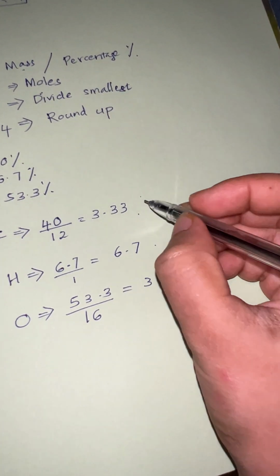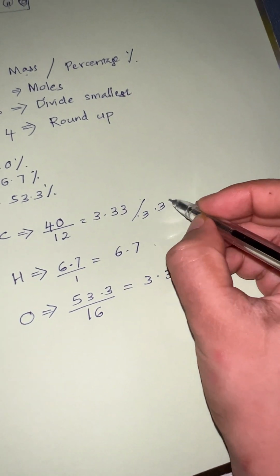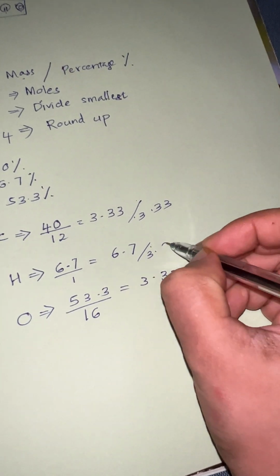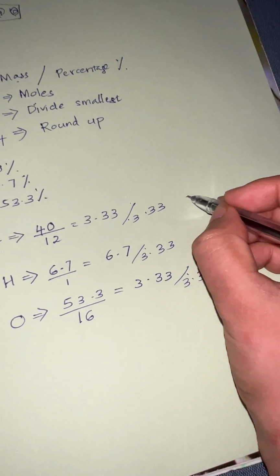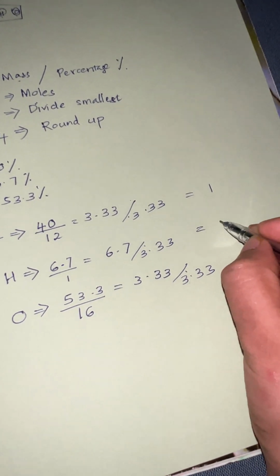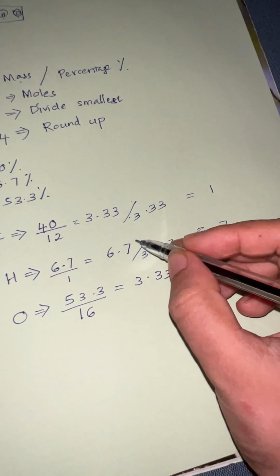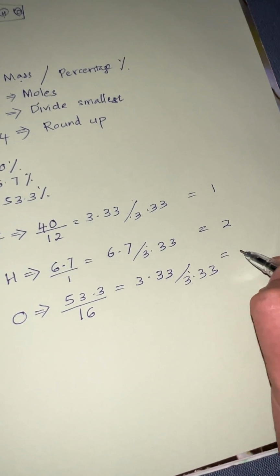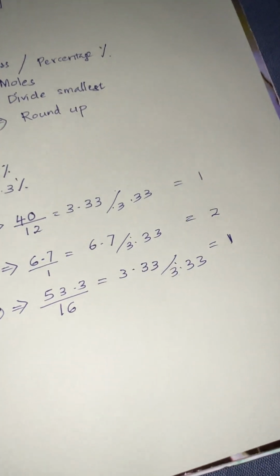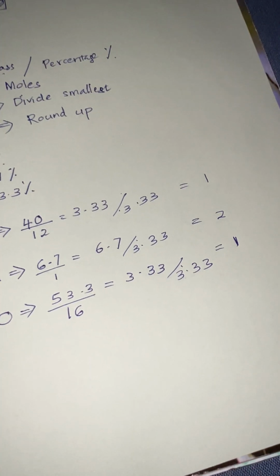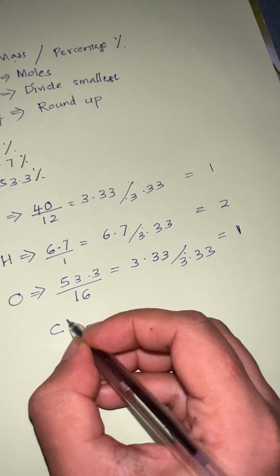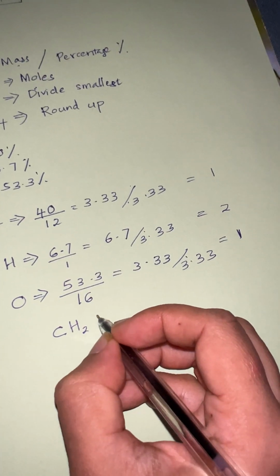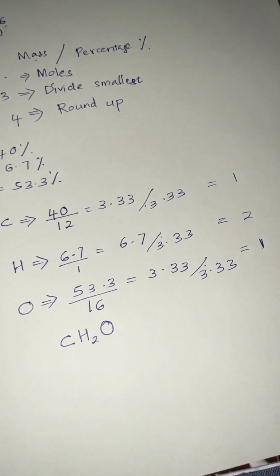So we're dividing by 3.33. So that's equal to 1. This is nearly 2, so you have to round up, so it will be 2, and this is 1. So the empirical formula of it is 1 carbon, 2 hydrogen and 1 oxygen, right?